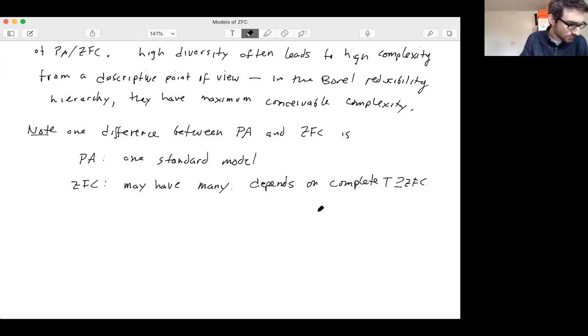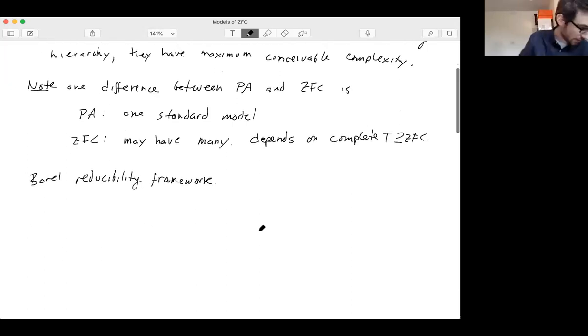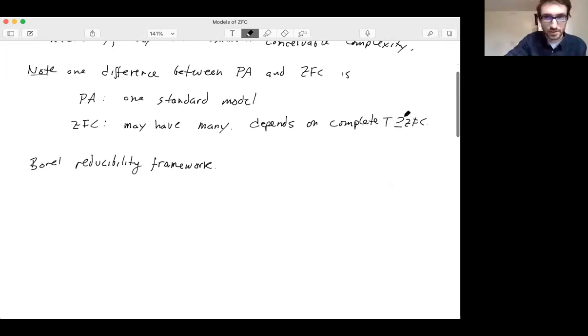So the reducibility framework. Probably everyone here has seen it quite a few times before, but just to briefly introduce how set theorists consider the class of countable models.